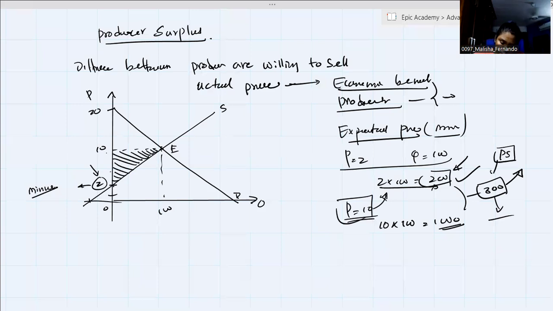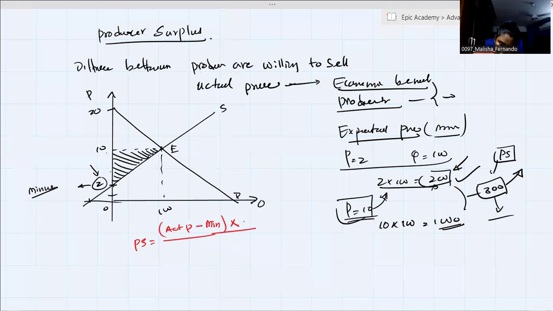Okay. Now you have to identify what equation you can use to calculate the producer surplus. I mean PS. Right? Actual price minus minimum price. Close the bracket.